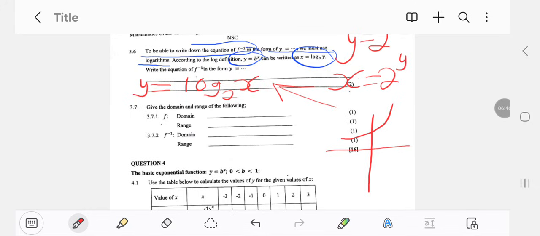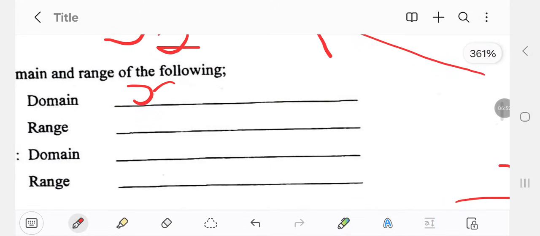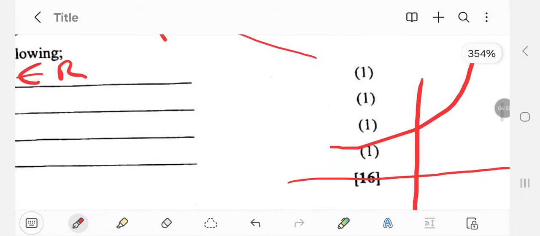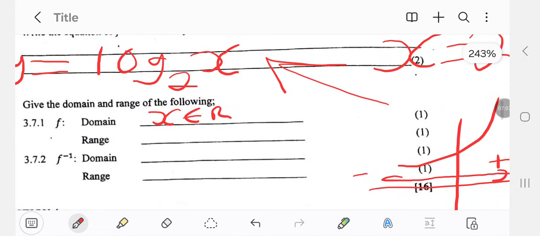The domain is x is an element of all real numbers because the x values are from here, the negative and the positive, all of them are real numbers.